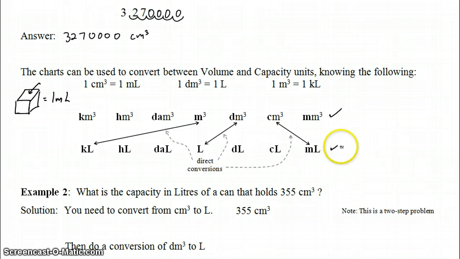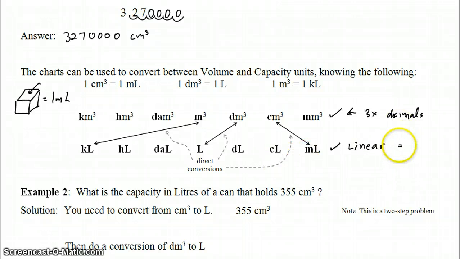Now the capacity chart, even though it's a measure of liquid, is going to work in a linear fashion. What I mean by that is the volume one has 3 times the number of decimal places when you move the decimal, but the capacity one is only 1 times the number of decimal places.